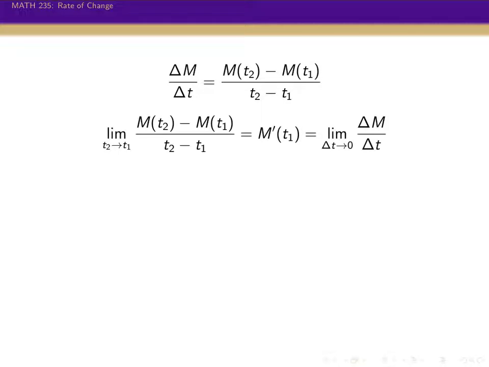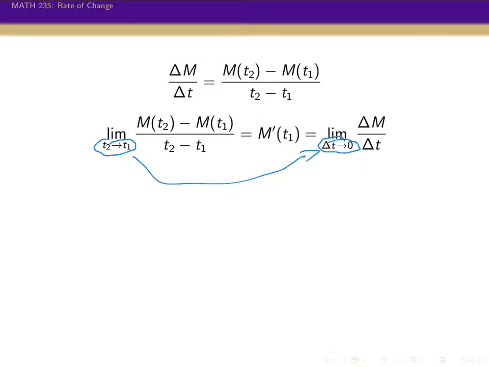And in terms of the delta notation, we're just replacing the delta m with the delta t, the same as we saw before. But what does it mean for t2 to go to t1? Well, we're really talking about that change in time getting smaller and smaller and going to 0. And so t2 going to t1 gets transformed into thinking about delta t going to 0.